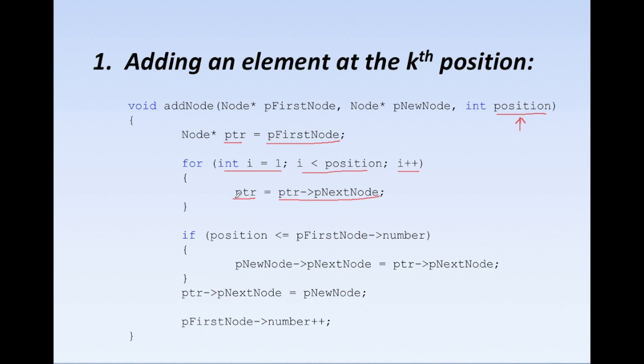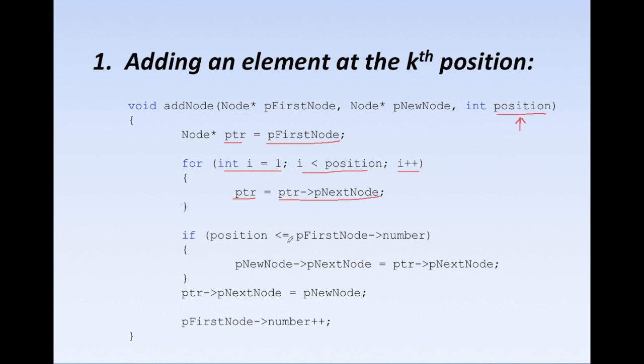We stop when the pointer is pointing to the element at this position. That's why we stop an element before it, because the pointer before it is pointing to that position. So we stop at strictly less than position so that I have the pointer pointing at the element at position, okay? In this case, in our example, at 2. So this would stop at 1.